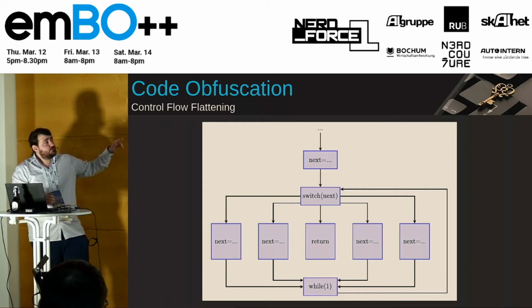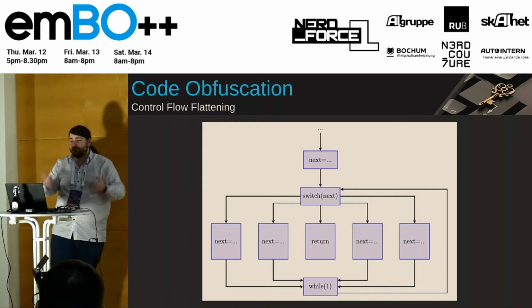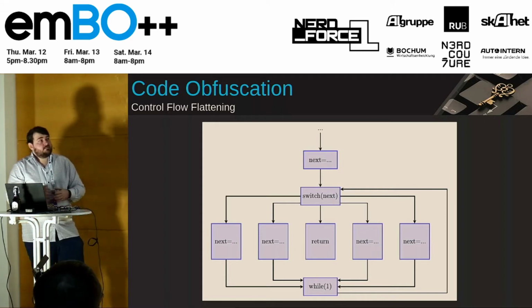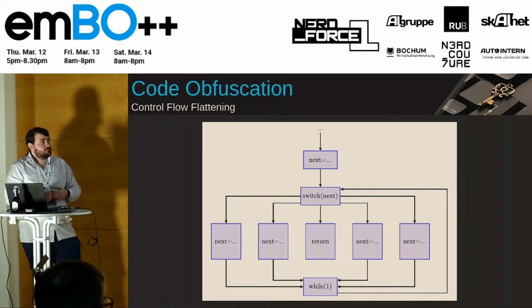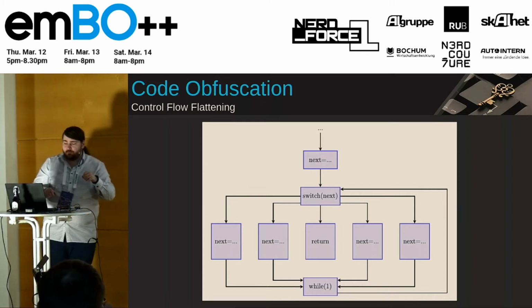So in essence, this is what your control flow graph is going to look like, and as you see, everything is on the same level. That's why it's called control flow flattening. This you can also often automatically remove by just looking at how the dispatcher works, what is the value that indicates the next basic block, and essentially reorder the control flow.